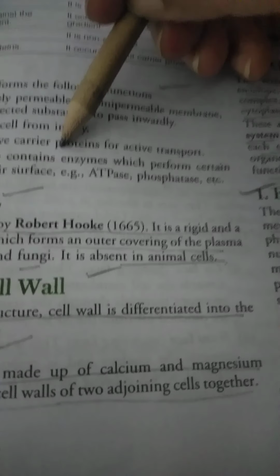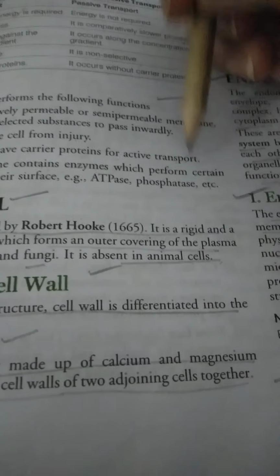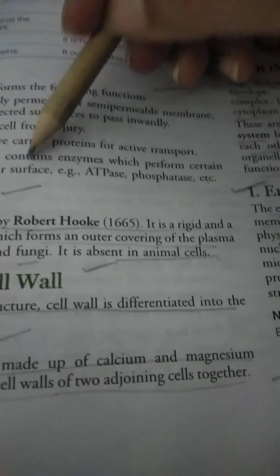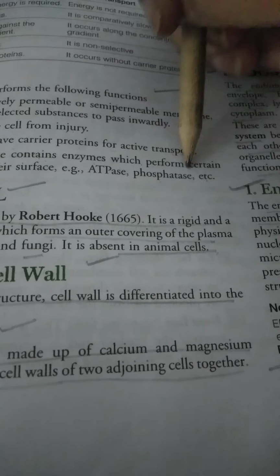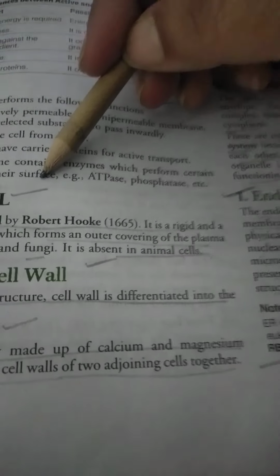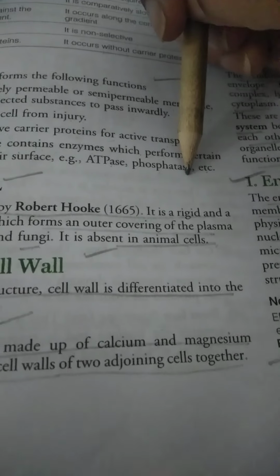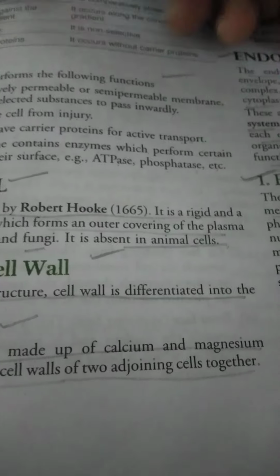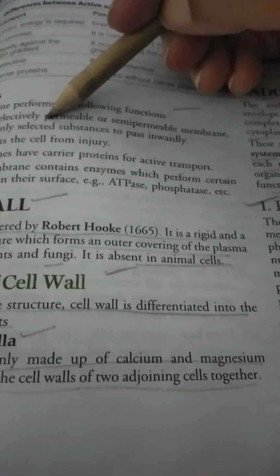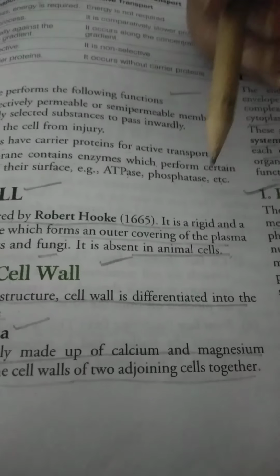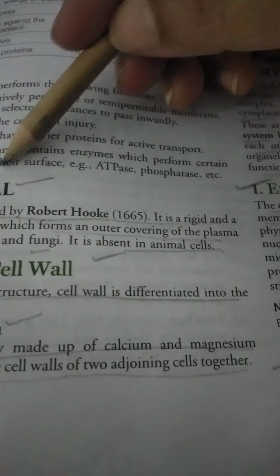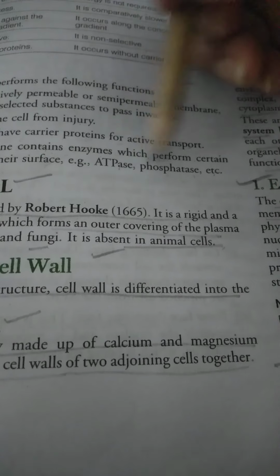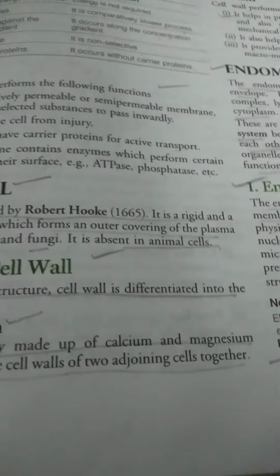Membranes have the carrier protein for active transport. Cell membranes contain certain enzymes which perform certain reactions on their surface, for example ATPase and phosphatase. So this was all about the cell membrane.